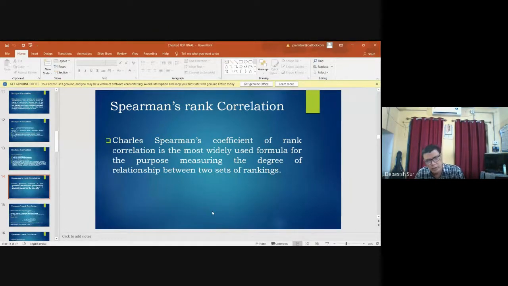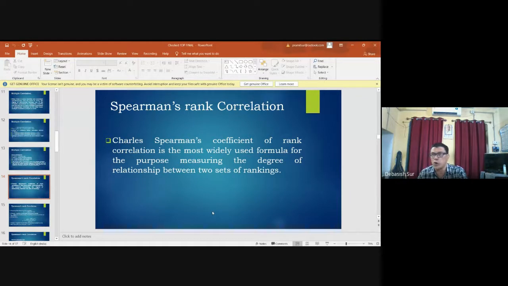For example, we have considered 50 students and their marks in mathematics and marks in statistics, and we want to determine the degree of relationship between the scores of the students in mathematics and statistics. That means, is there any relationship between marks in mathematics and marks in statistics?